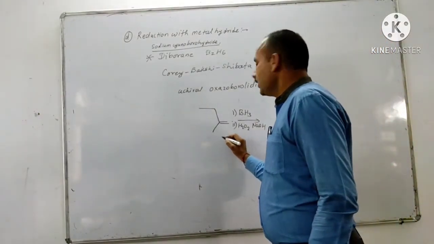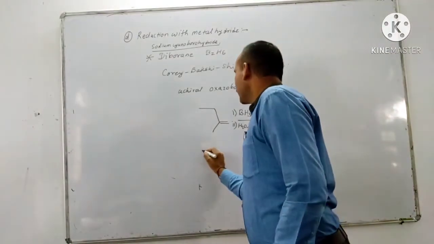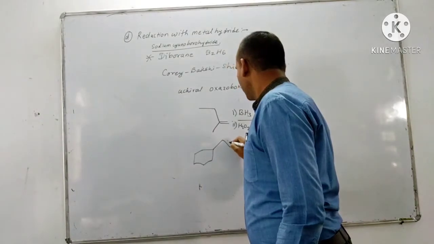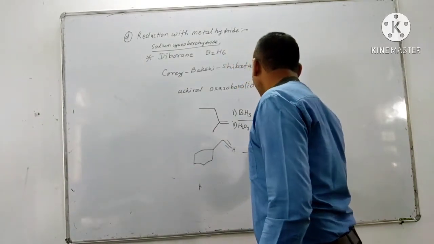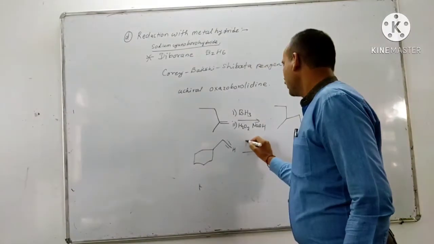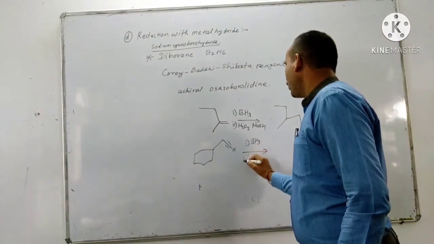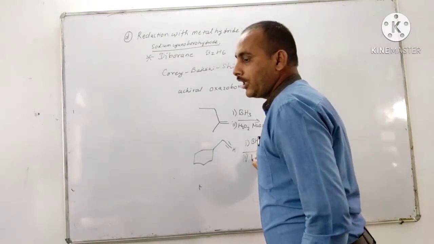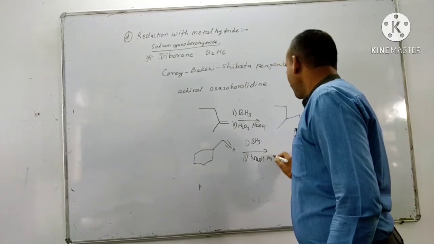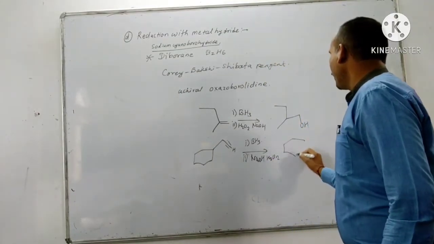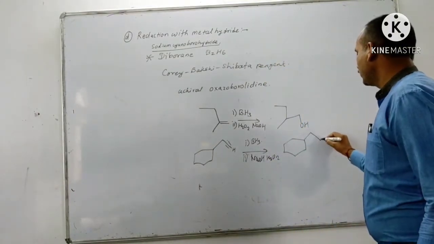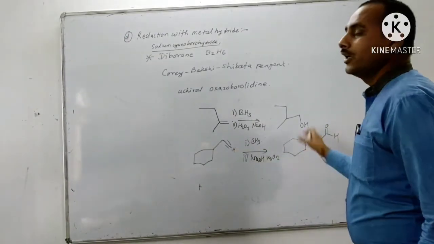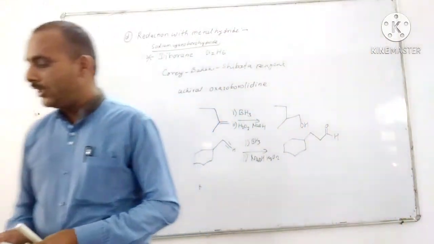Okay. Then another example, the terminal alkyne by using BH3 followed by oxidation, hydroboration followed by oxidation, NaOH, H2O2 gets converted to aldehyde.